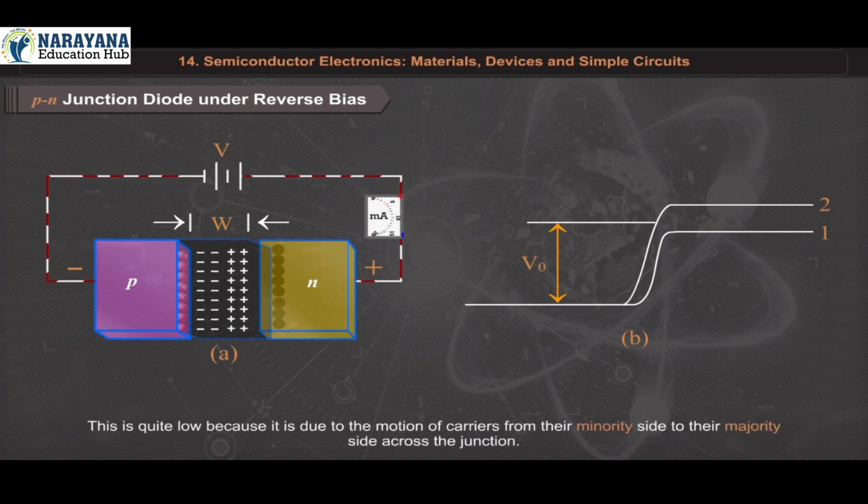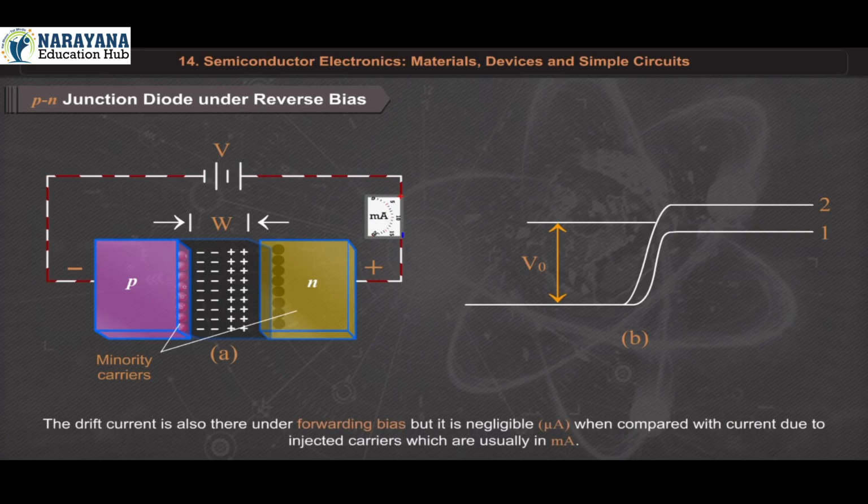This is quite low because it is due to the motion of carriers from their minority side to their majority side across the junction. The drift current is also there under forward bias, but it is negligible, that is microampere, when compared with current due to injected carriers, which are usually in milliampere.